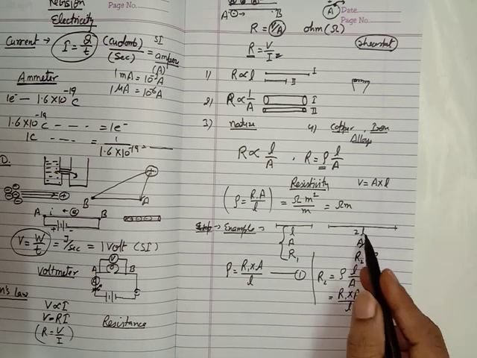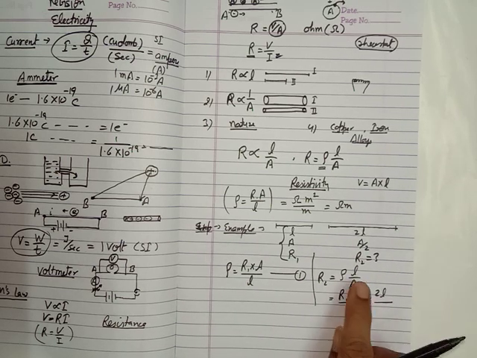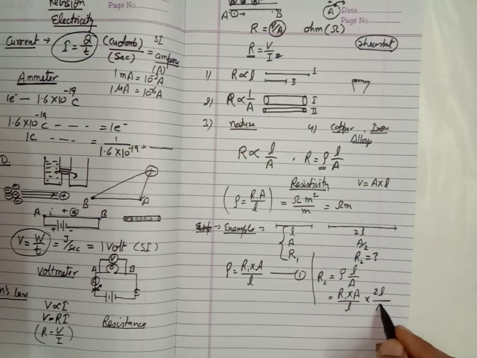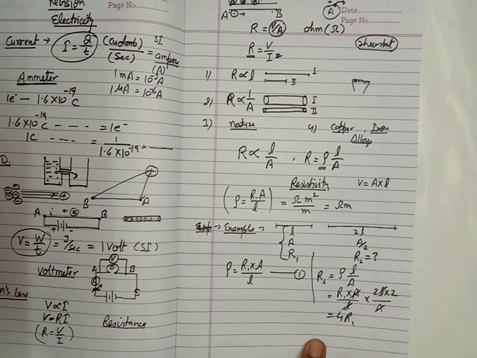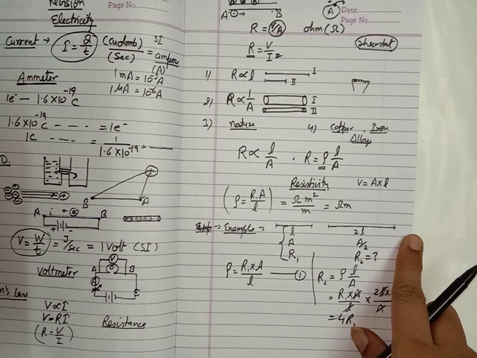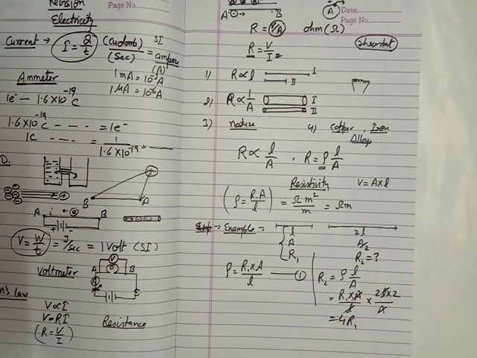What is the length of the wire now? It is 2L. And what is the cross-sectional area now? A upon 2. So you can cancel out these values, and it will be 4 into R1. It means if we double the length of the wire, the resistance will become 4 times.